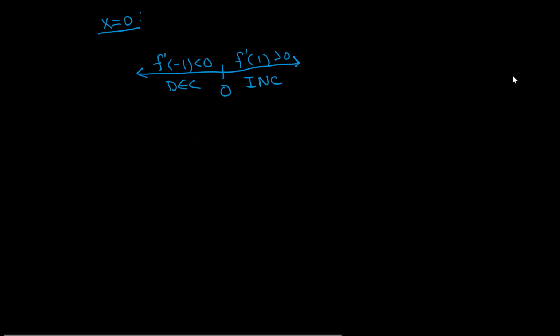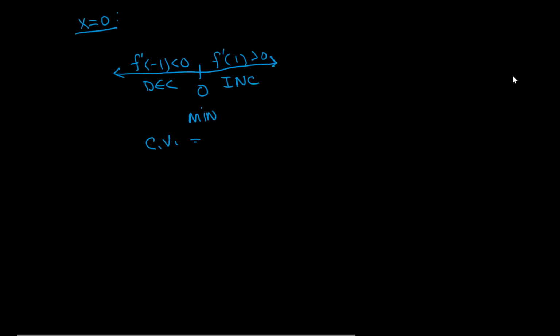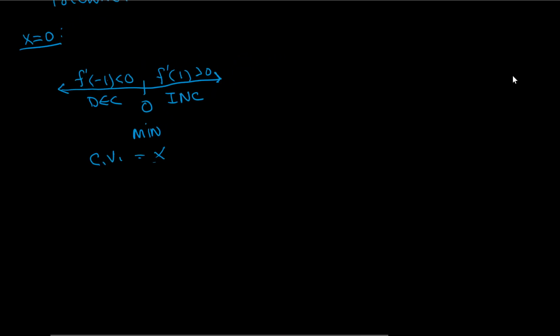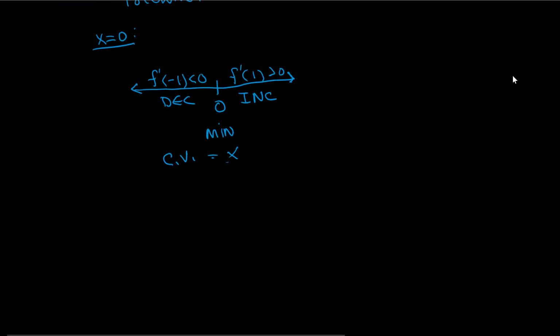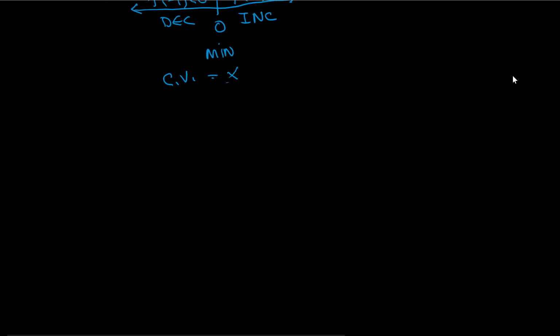Okay, so at this point, I have a minimum. The critical value is x equals 0. I know it's a critical value because it's a minimum. Okay, x equals 0. The critical point is going to be x equal to 0.